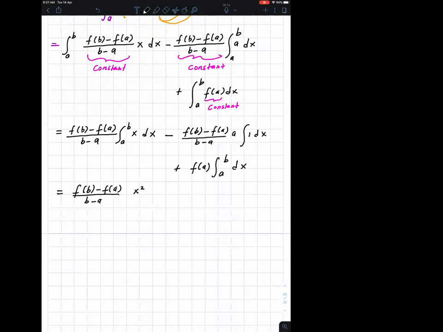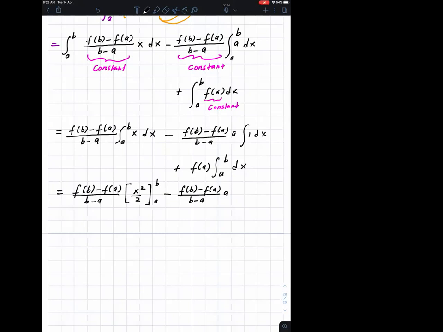The integral of x is x squared over 2, from a to b. Minus (f(b) minus f(a)) divided by (b minus a).